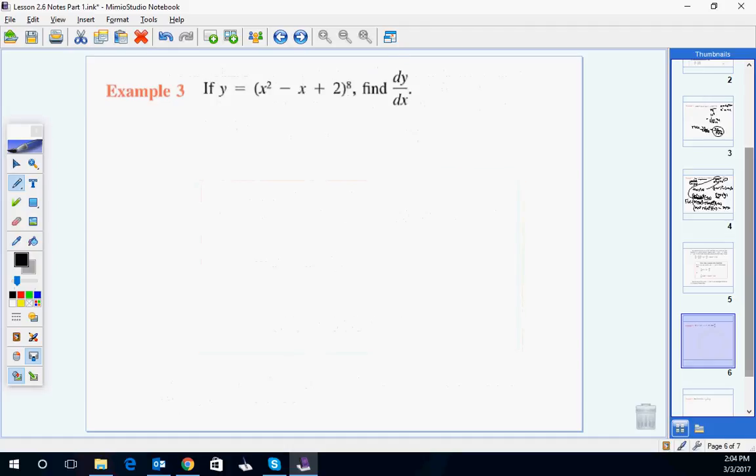No? Okay. All right, so essentially my u is that. So like what they just asked you to do, you don't have to do this. It's u to the 8th. Derivative of that is going to be 8u to the 7th u prime. Now I have to figure out what u prime is. Well, u prime, I come over here, it's 2x minus 1.